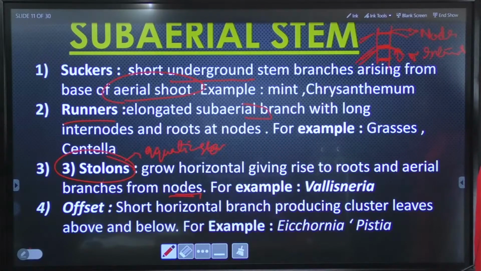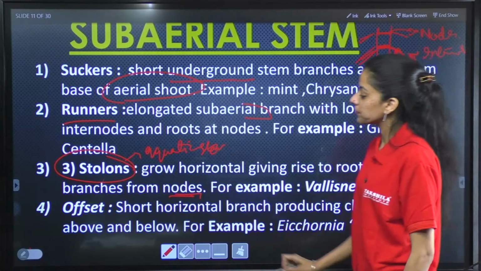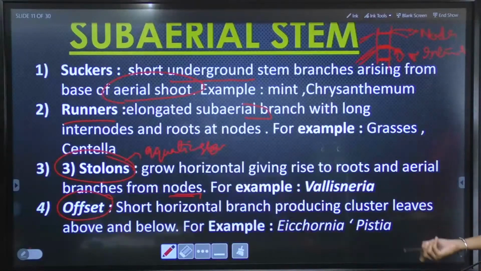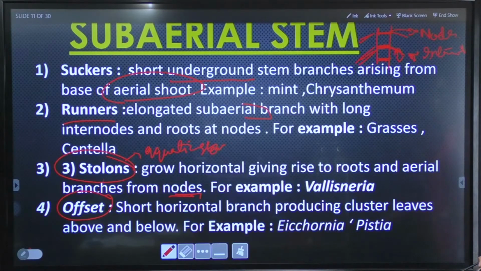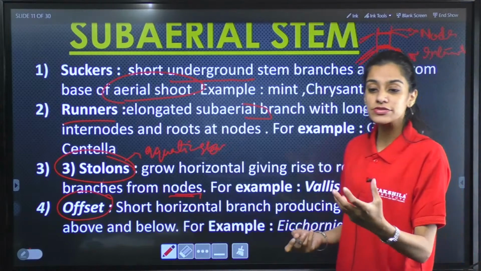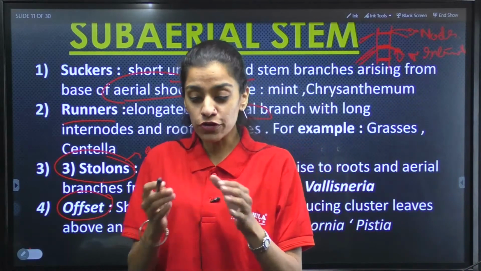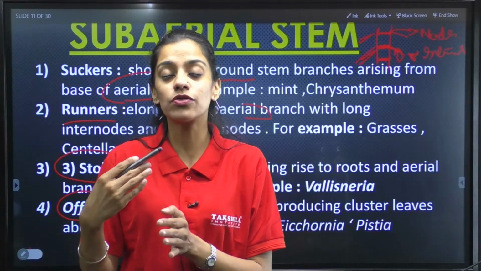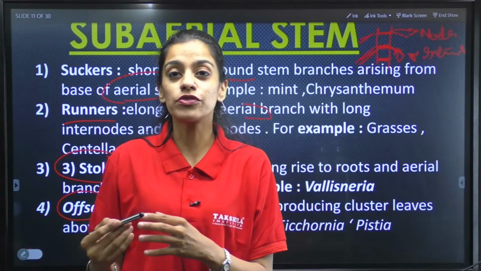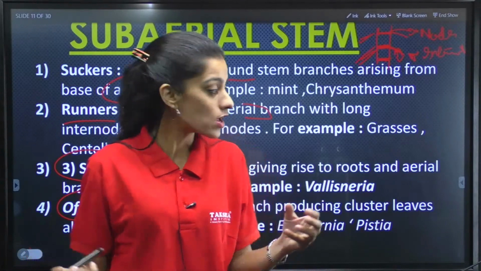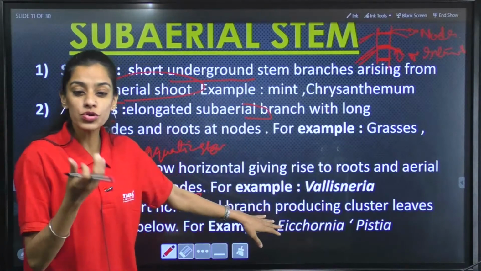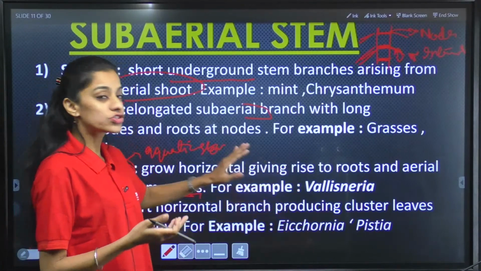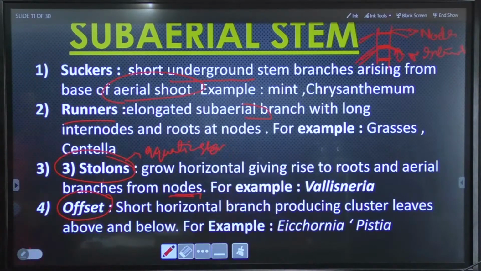And last is the offset. It is a short horizontal branch which produces a cluster of leaves above and below. Over the stem you have a number of different branches, different shoots developing, so you have a cluster of shoots present above and present below.